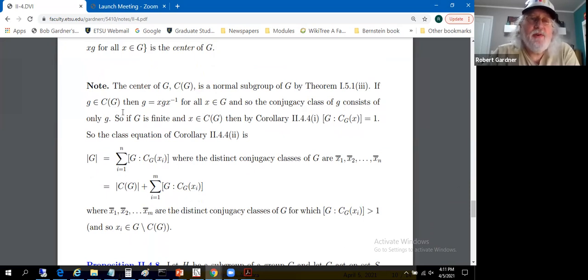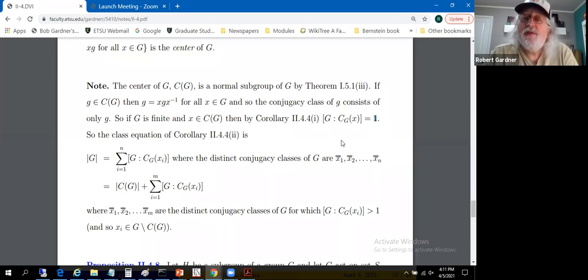If we have an element g of the center of G, then g equals xgx inverse for all x in G. So if we wanted to look at the conjugacy class for g, if we take it and conjugate it by any element x, you simply get g back. Conjugacy class of g consists only of g itself. So if we're dealing with a finite group and we take an element of the center of that group, then Corollary 4.4 part 1 told us that the cardinality of the conjugacy class, and when we choose something from the center, that cardinality is 1, as just observed.